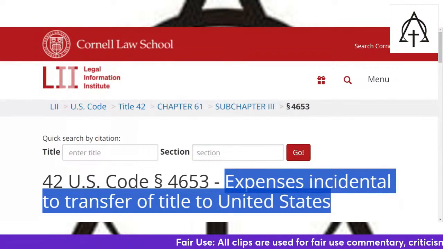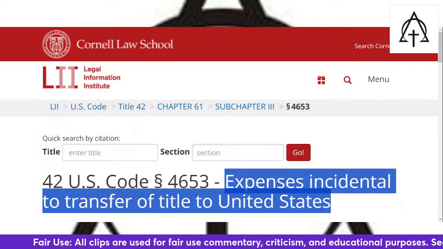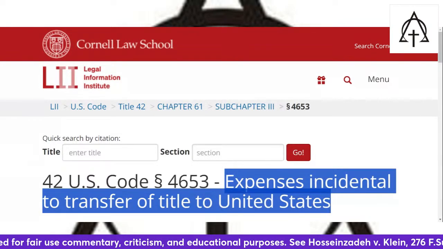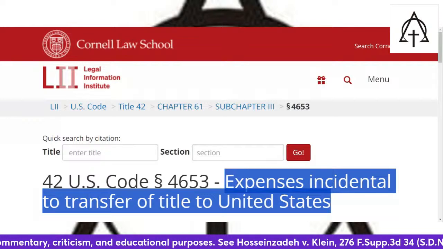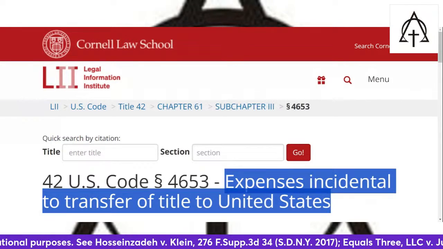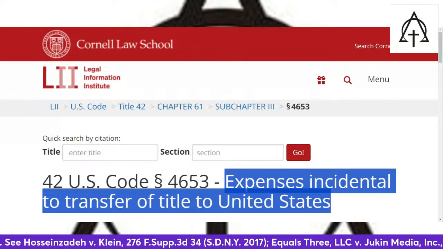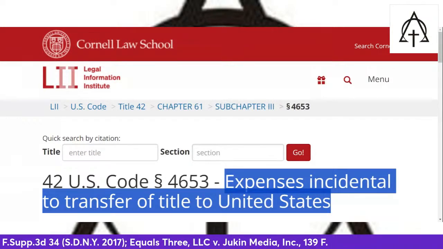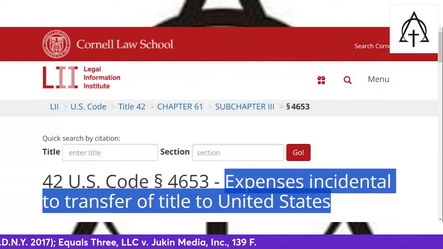You let everybody at the state level know: governor, attorney general, Department of State, Secretary of Treasury, IRS commissioner, Social Security commissioner. It's just a blanket notice to all of those officials that we're going to have this title transferred and the expenses are incidental. And when we transfer them to the state agency, they're going to have that notice. We're also going to have you send them on to the United States.